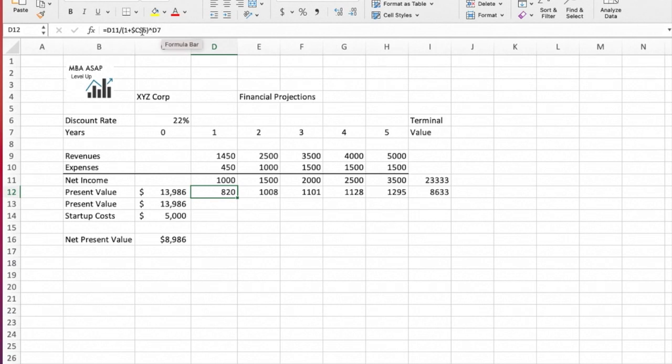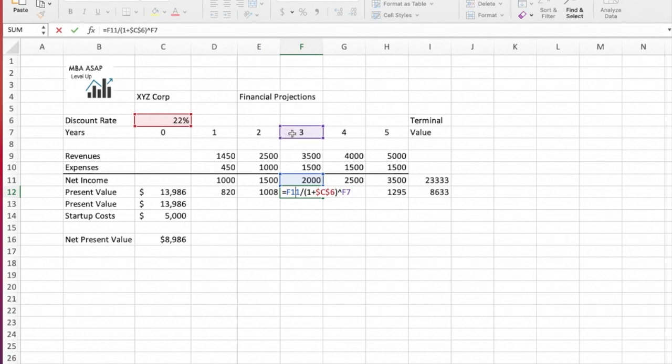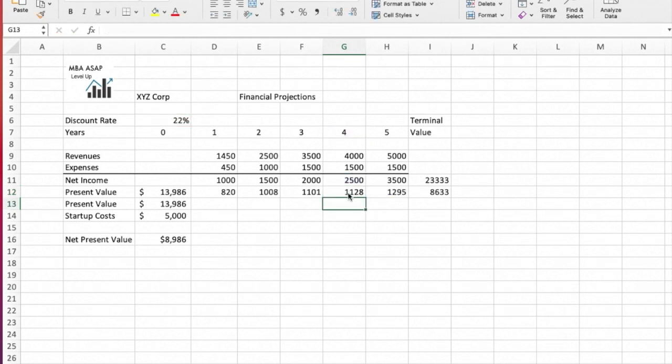That's what those dollar signs do, right? So each one of these is looking back at C6, see how it does that, but it's changing to whatever that root number is here. And double clicking on it gives you the formula, lets you show all the cells that are being called. Excel is just so darn cool.